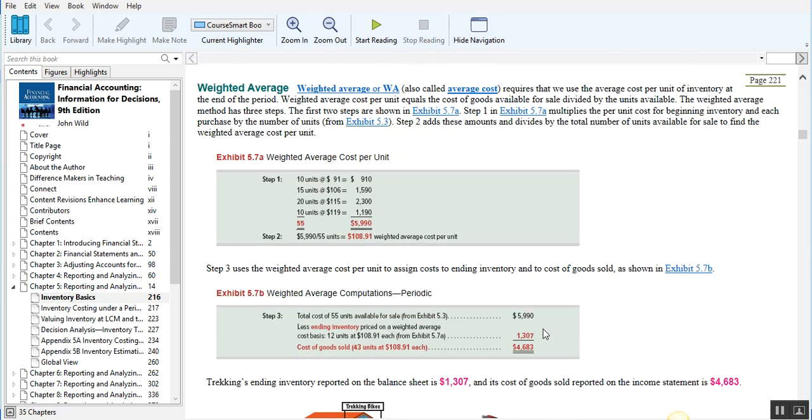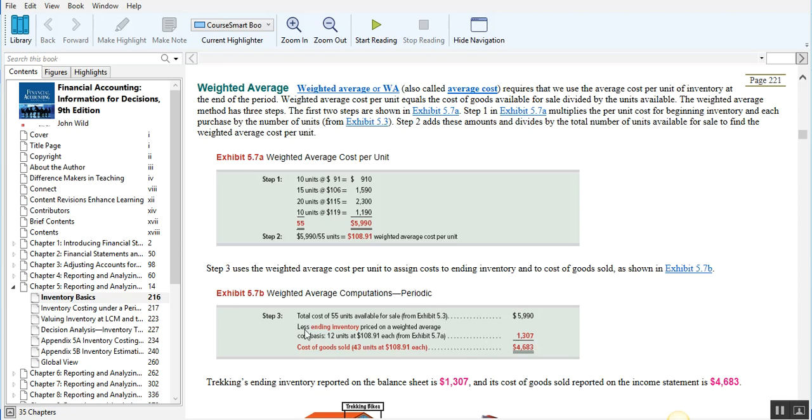Once you do that, then you're going to go back in when you figure out you have ending inventory, and you're going to calculate the ending inventory cost. You're going to take 12 units at $108.91, because you're saying, okay, this is my ending inventory cost per unit. That times the 12 units, you get $1,307.